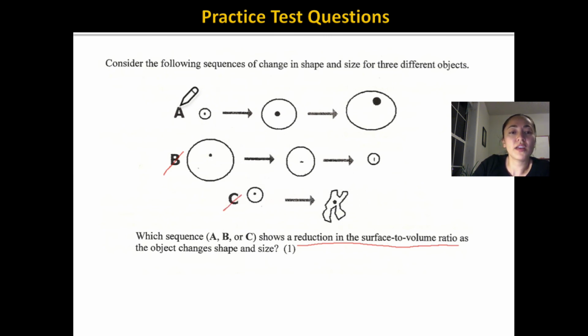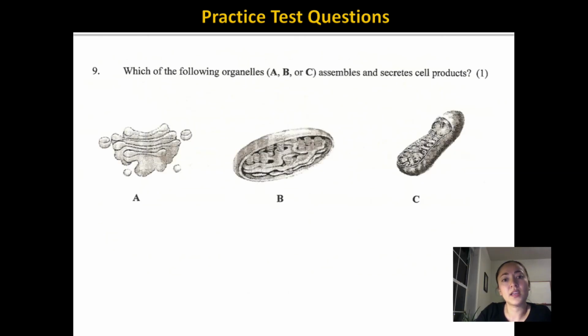We know that getting bigger decreases the surface area to volume ratio. So A would be correct. And you just got to remember that the larger something gets, the smaller the surface area to volume ratio gets. It's another inverse relationship.